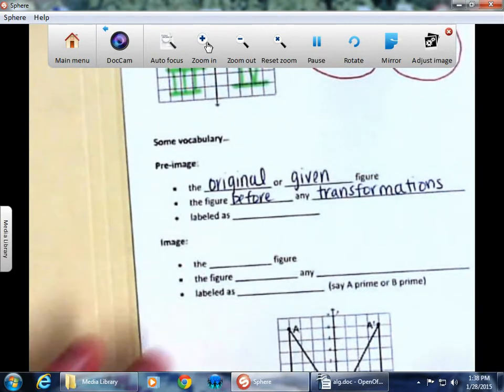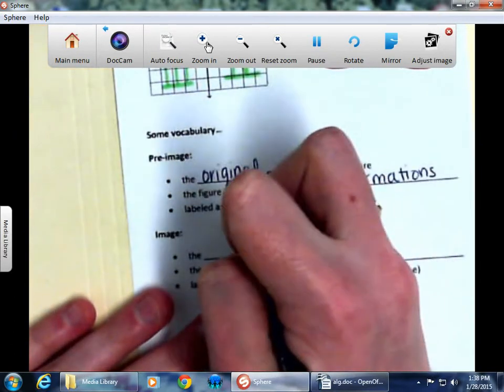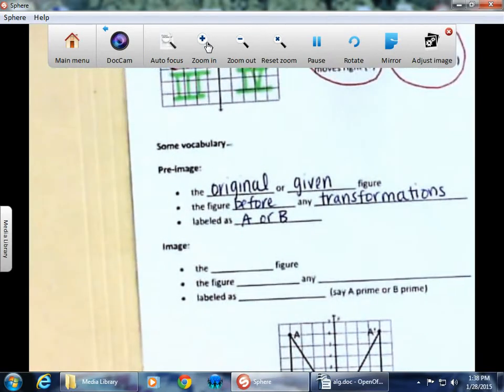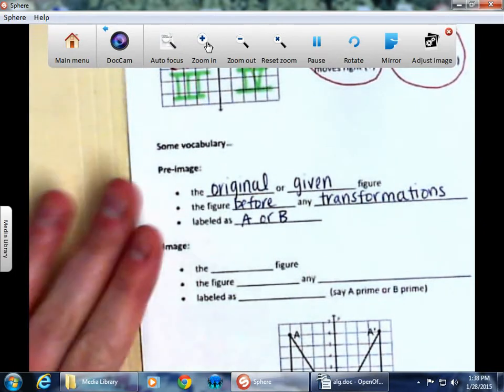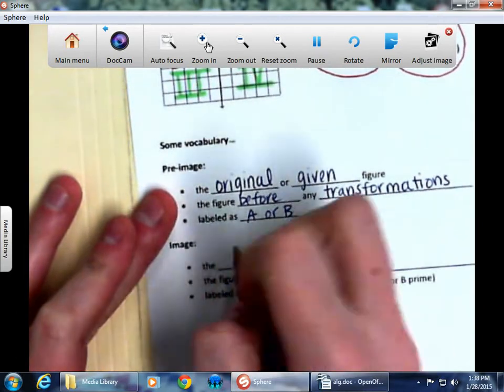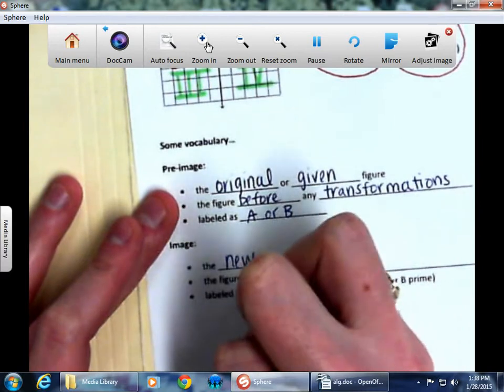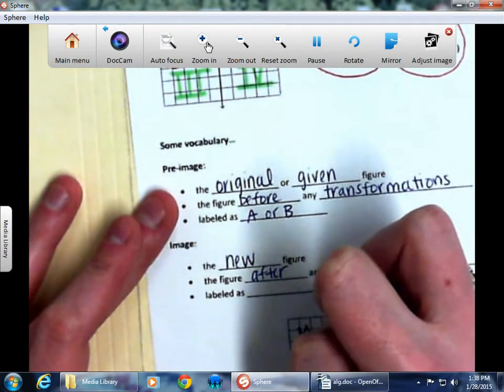And we label these figures, for example, as A, or B, or C, or D, or X, or Y. The points on them are labeled A, B, etc. Then your other vocabulary word is the word image. This is your new figure. So this is the figure after you have had any transformations.